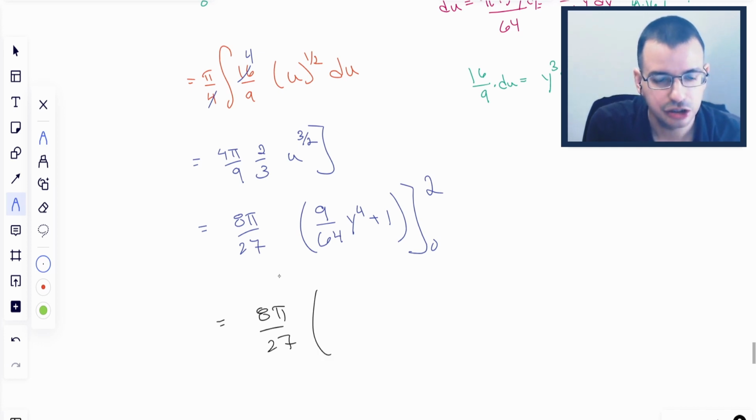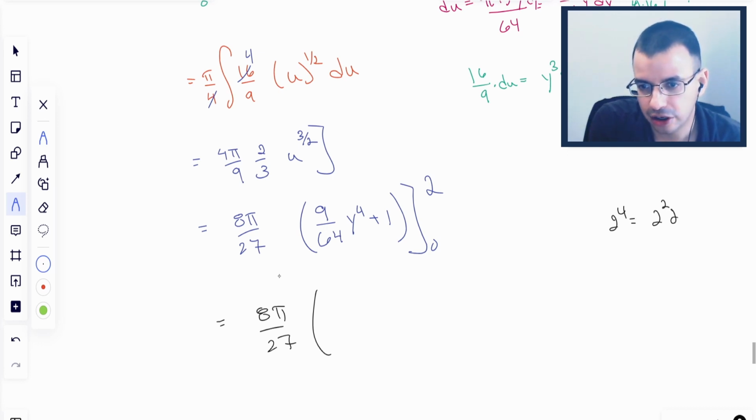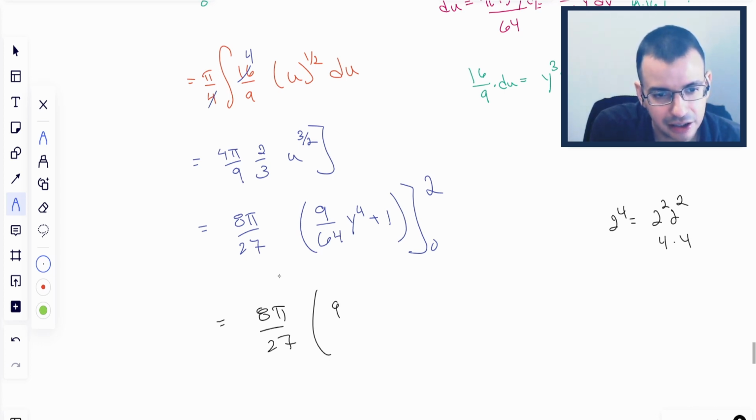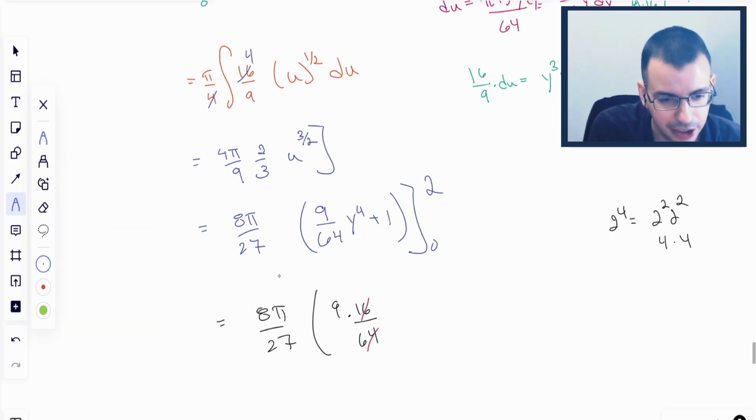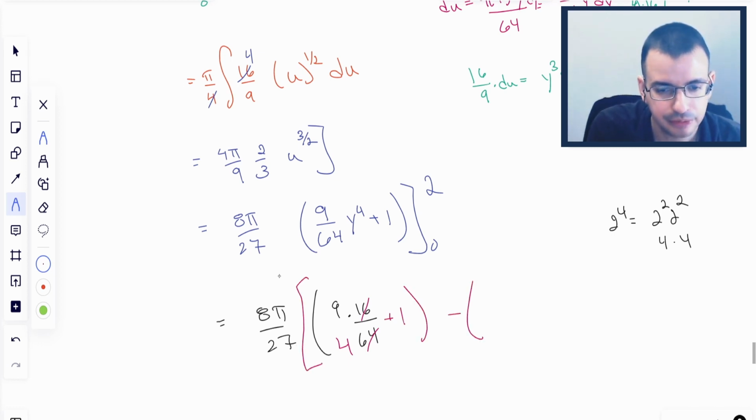We're going to plug in 2. 2 to the 4th is the same as 2 squared times 2 squared, which is the same as 4 times 4, which is 16. So 9 times 16 over 64. 16 over 64 is 4. So this becomes just a 4th plus 1, minus 9 over 64 times 0 plus 1.